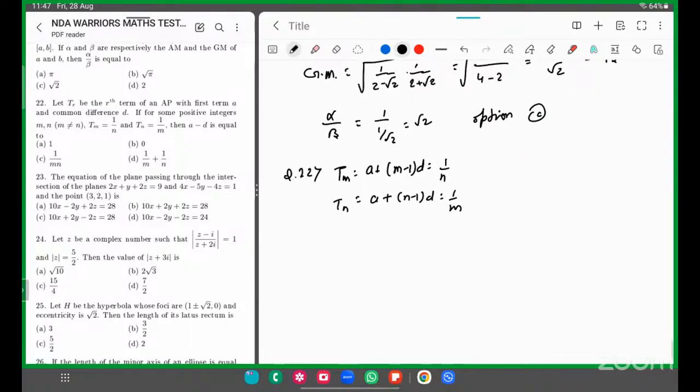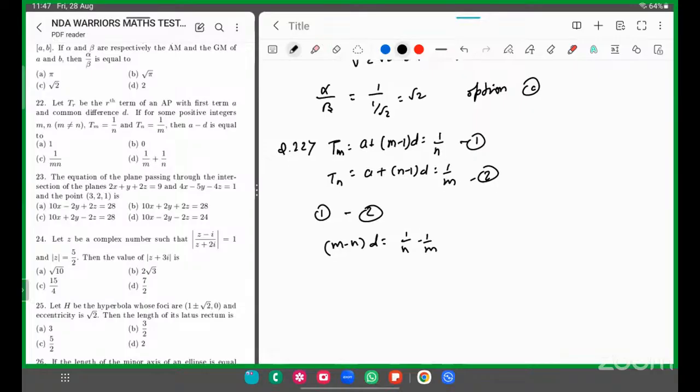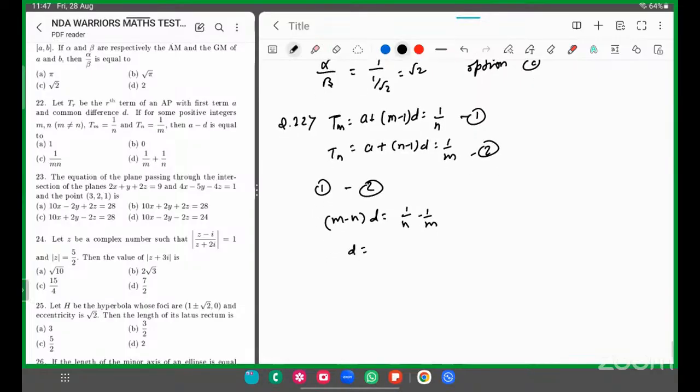After solving it, taking it as equation number 1 and equation number 2, 1 minus 2. When you subtract it, A and A will get cancelled out. You will be getting m minus n into D equal to 1 by n minus 1 by m. So it can be written as D equal to 1 by mn. This is my D value.